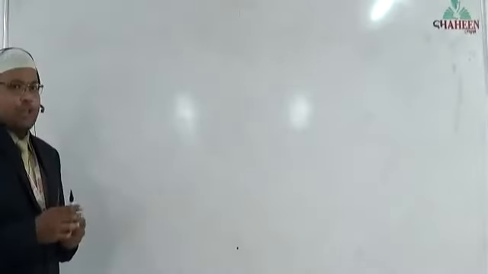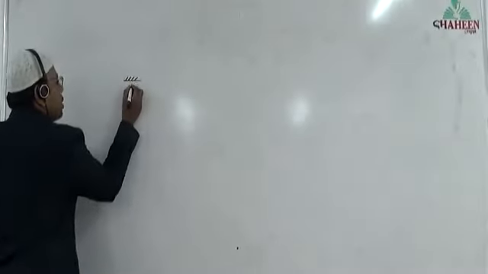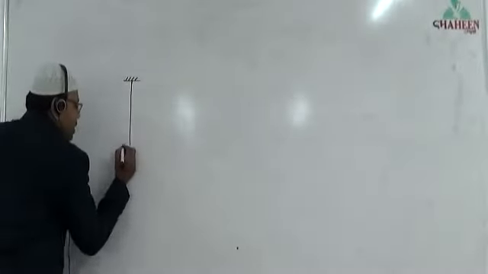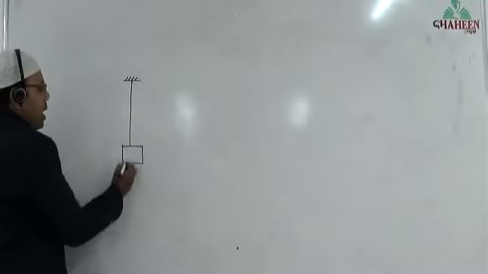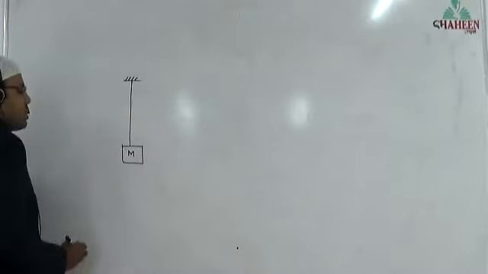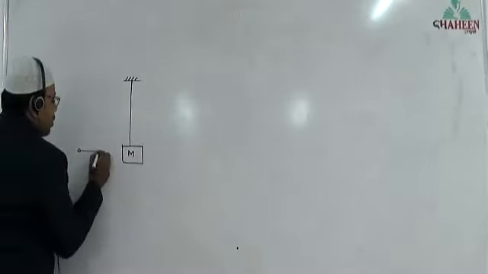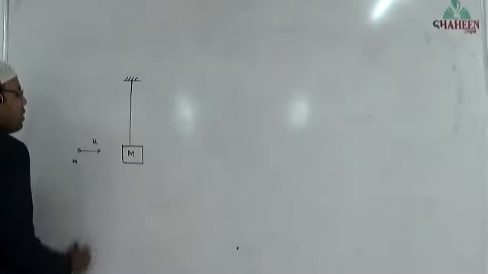Now pay attention. One block is there. This block is suspended by a string or a rope, whatever it is. The mass of this block is M. And one bullet is coming horizontally. Bullet mass is small m, and it is moving with the velocity u.